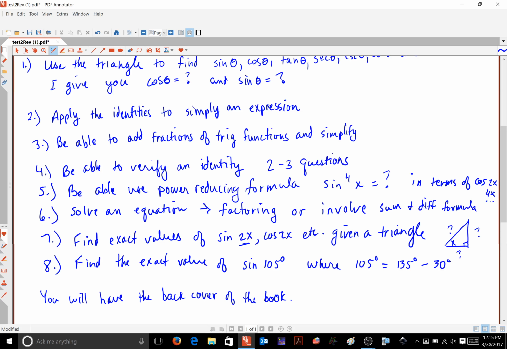Yeah, that's one of the handouts that I give you guys. So you don't have to memorize the identities. You'll just forget them by the time we have another test anyway.